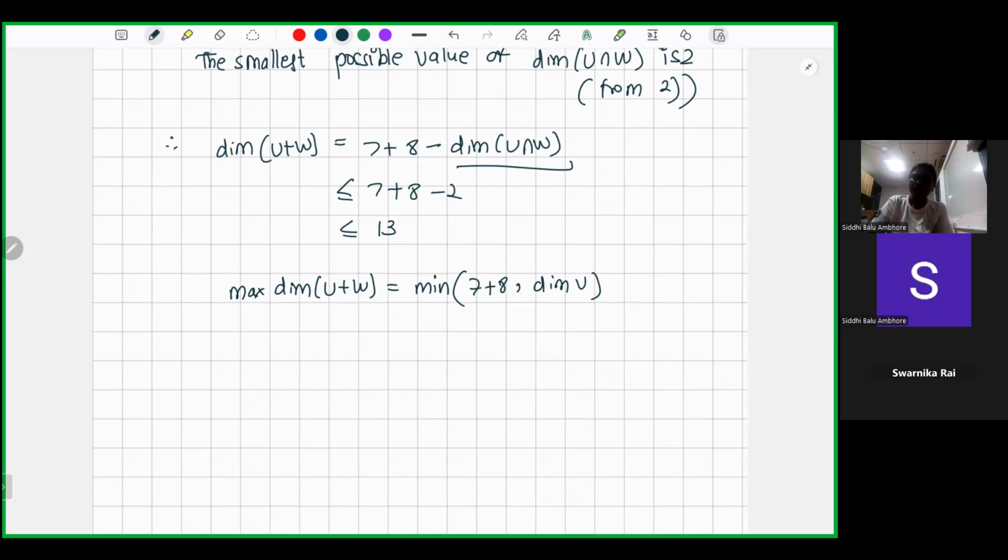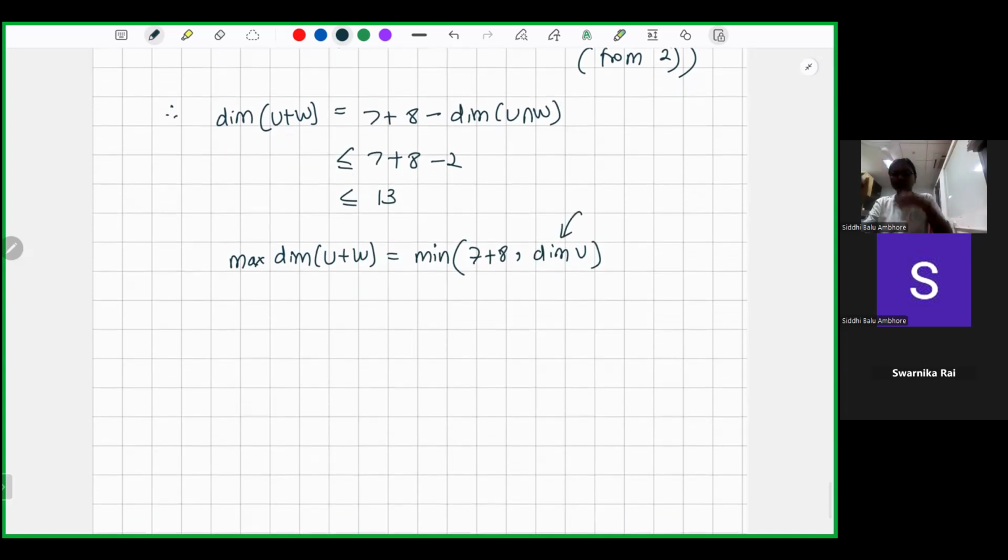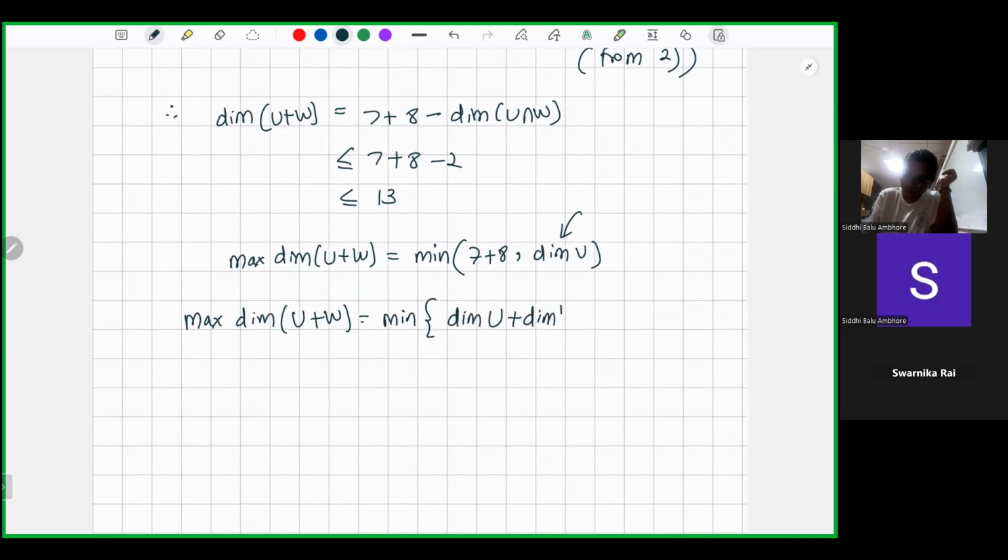Because it will always be less than or equal to the dimension of the vector space, and at maximum it can be the addition of the dimensions of these two vector spaces, no matter what the intersection is. So the maximum of dimension of U plus W is the minimum between dimension of U plus dimension of W, comma, dimension of V, the original vector space.